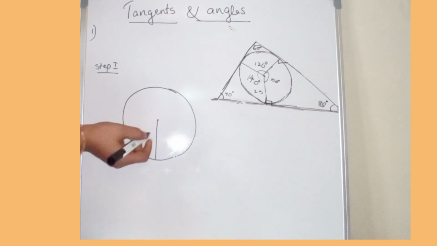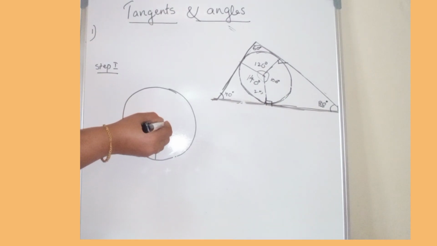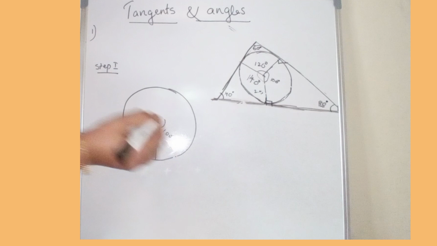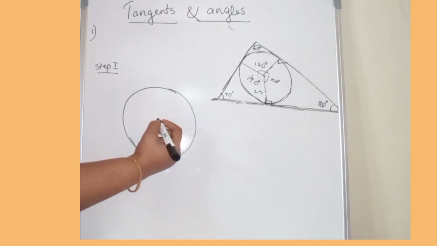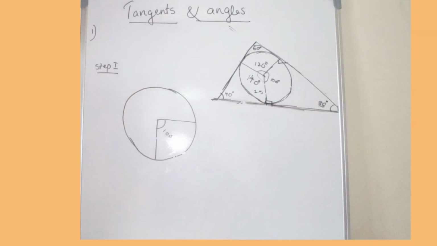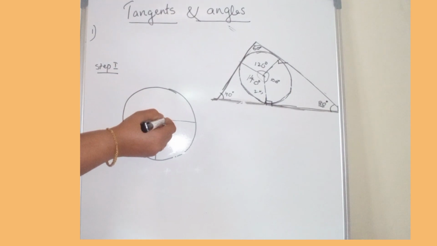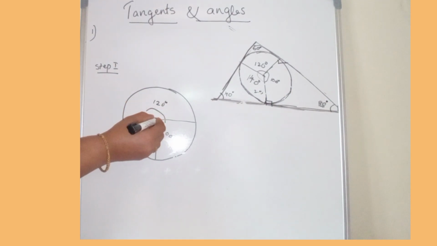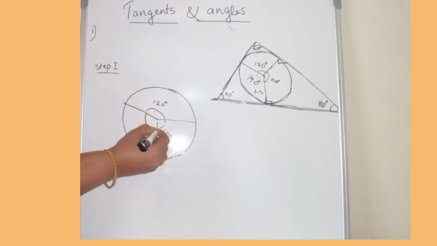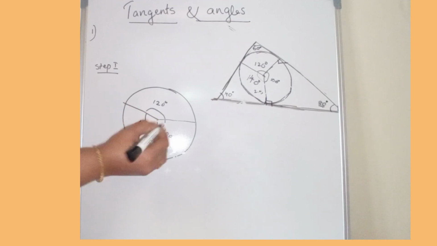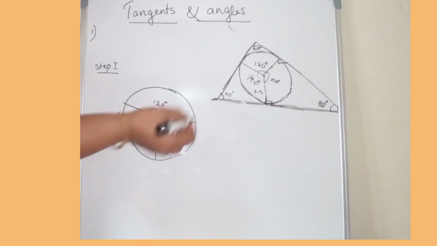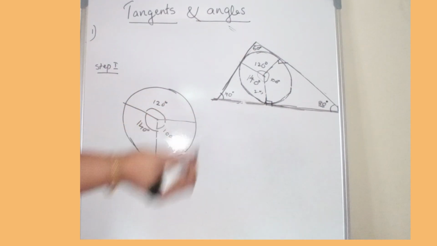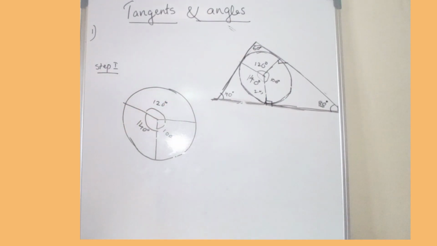Then using your protractor, measure 100 degrees here, and from this point again measure 120 degrees. Then the third angle should be 140 degrees. Then draw perpendiculars. How do we draw perpendiculars through this point?